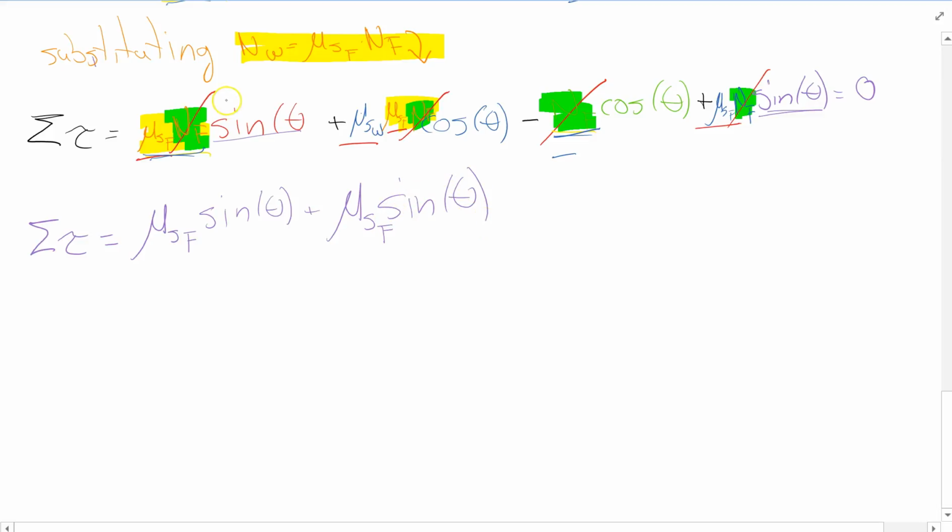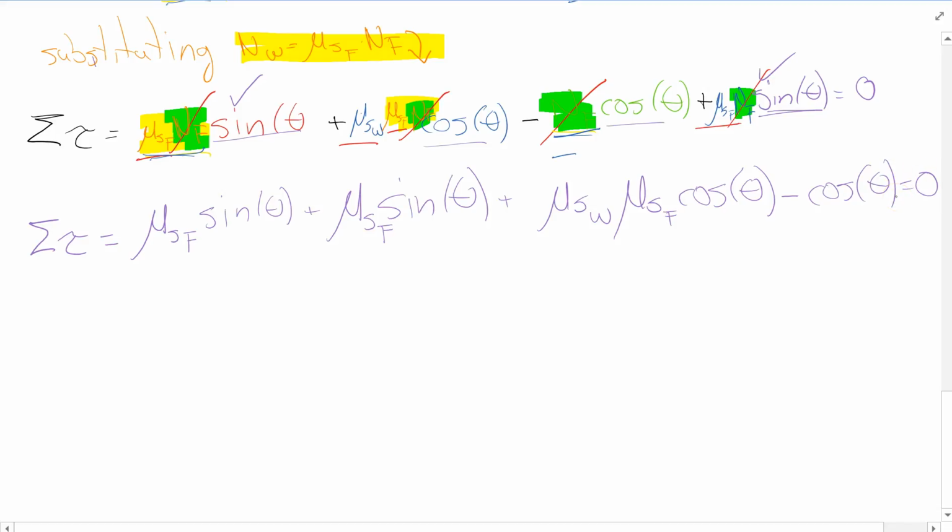Okay, so I've taken care of this term and I've taken care of this term. All right, next thing I'm going to notice here I've got a cosine and here I've got a cosine. So I'm going to combine those together. Okay, plus mu static from the wall times mu static from the floor cosine theta minus cosine theta. And this should all equal 0.